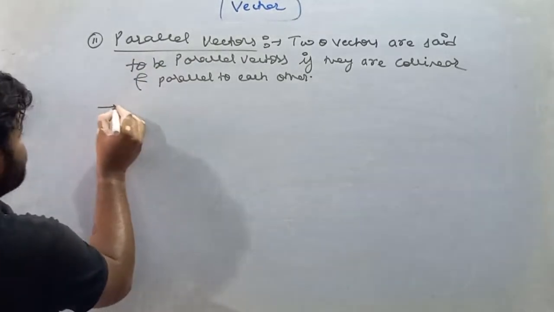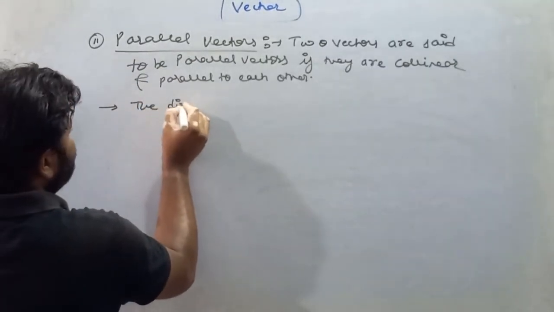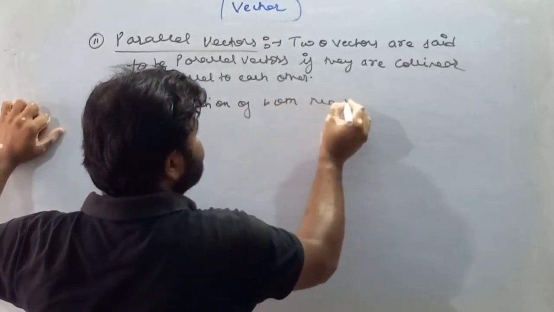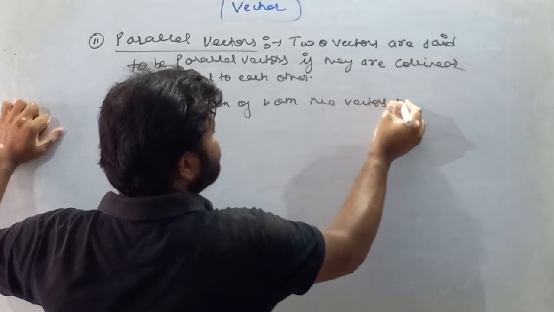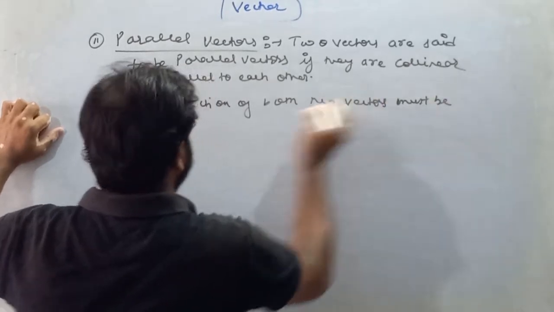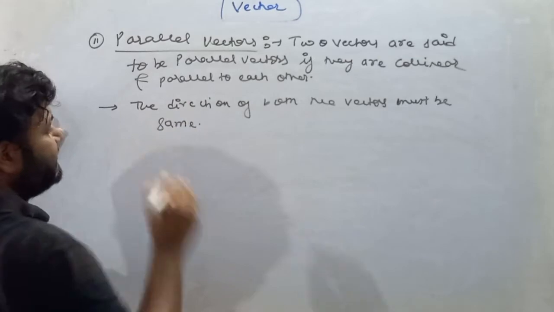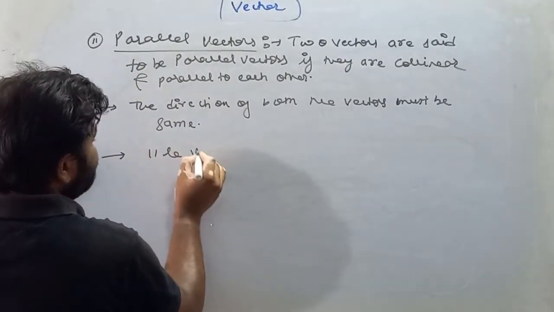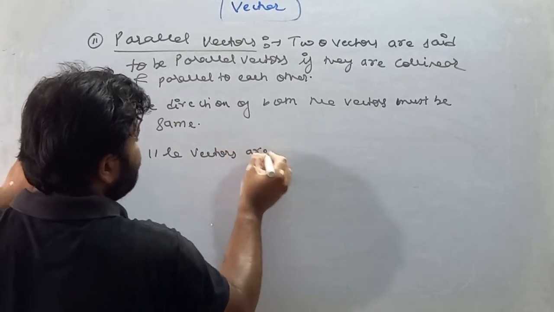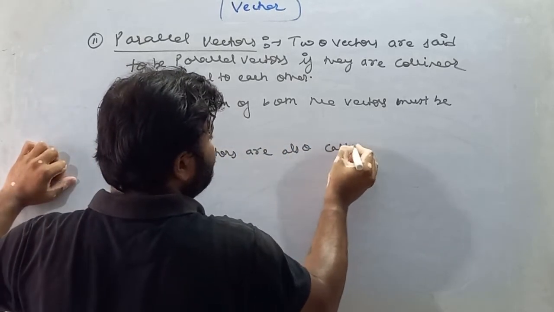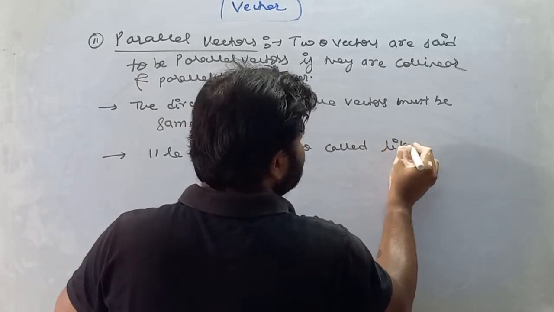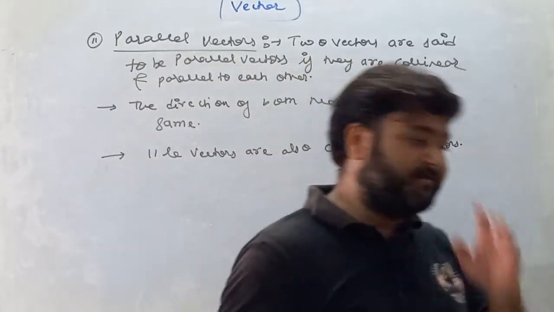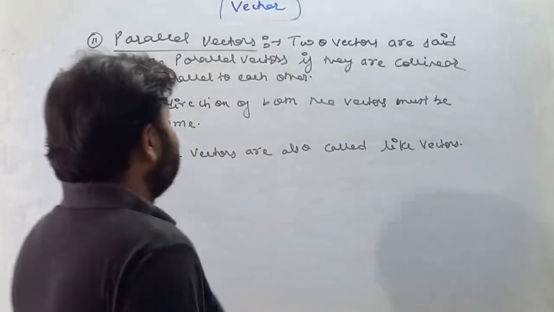And second, the direction of both the vectors must be the same. And third thing is parallel vectors are also called like vectors. So we have three different conditions on which we'll define parallel vector, my dear student.